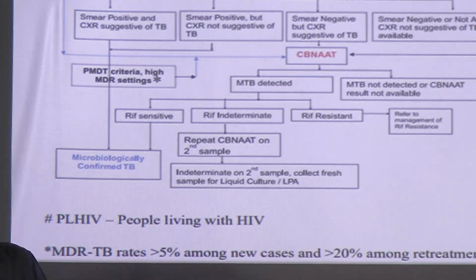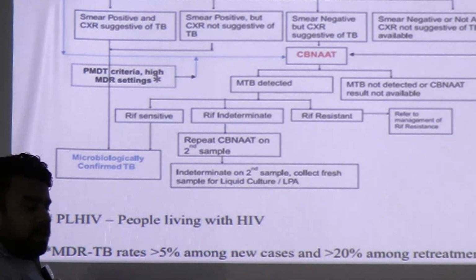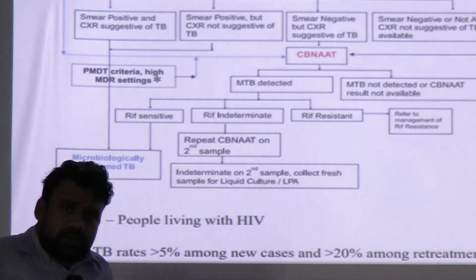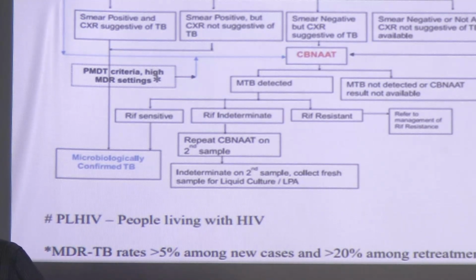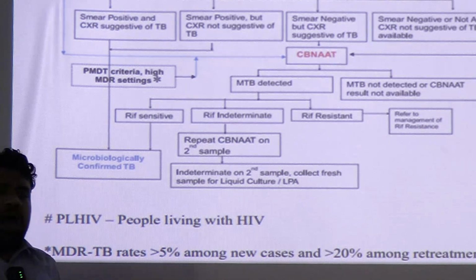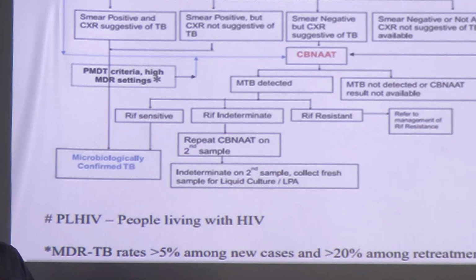Liquid culture gives results within about 1 to 2 weeks, and in case of solid culture it may take up to 8 weeks. If we fail to confirm microbiologically, we can still classify the patient as clinically diagnosed tuberculosis based on other evidence, mainly clinical or radiological.